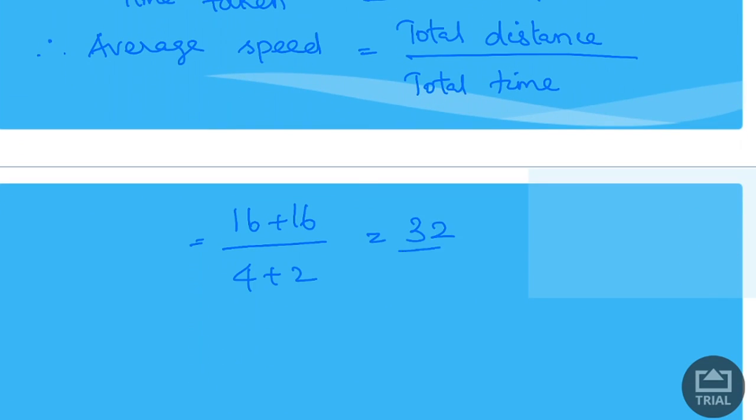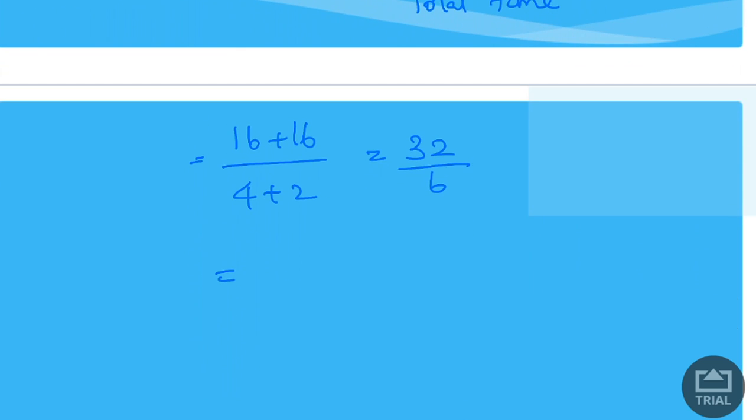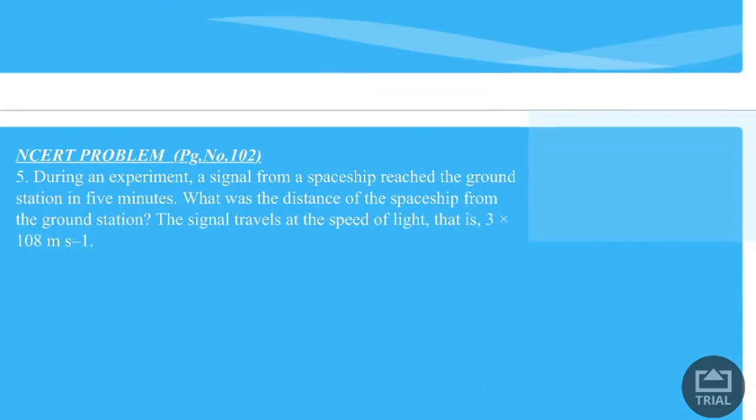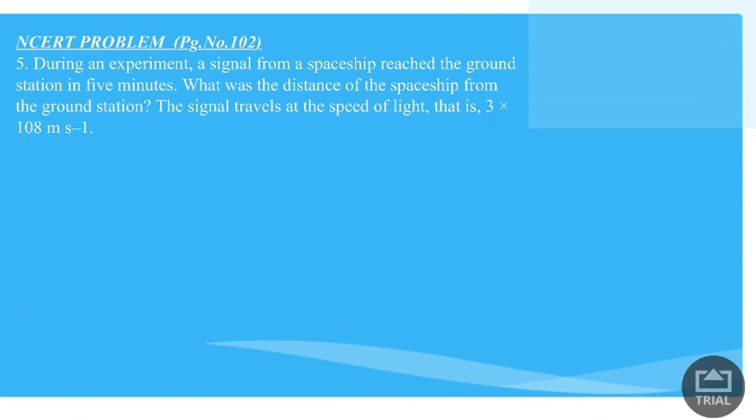It is equal to 32 by 6, which is equal to 5.33 meters per second. So the average speed is 5.33 meters per second. So this is how you solve the problem.